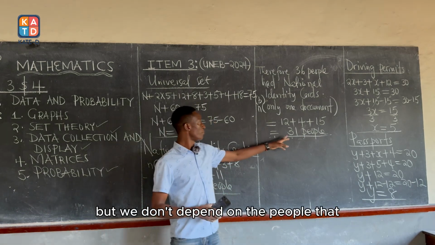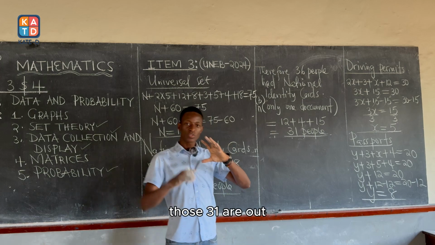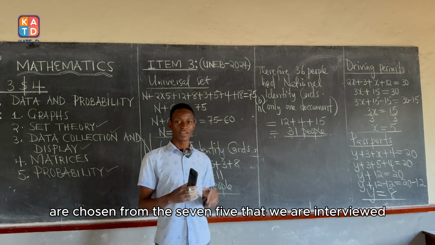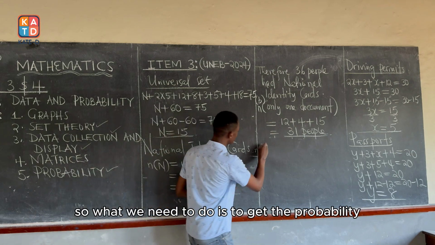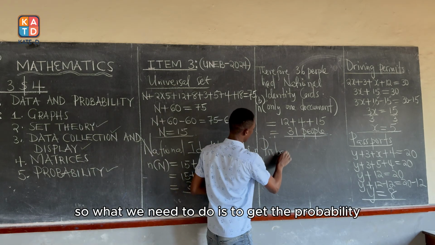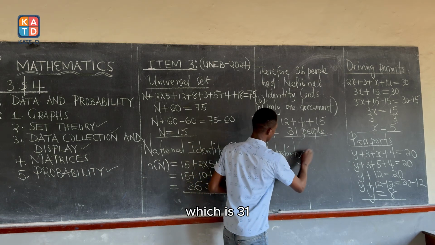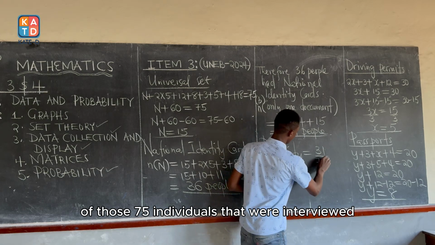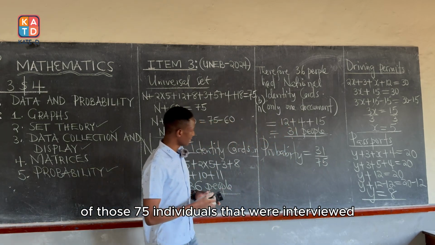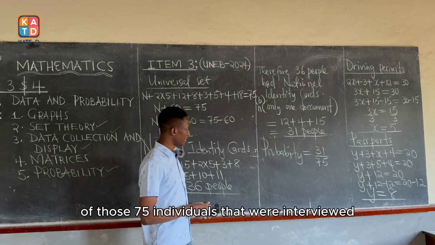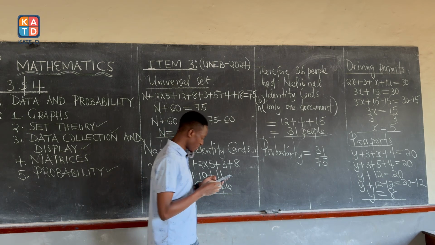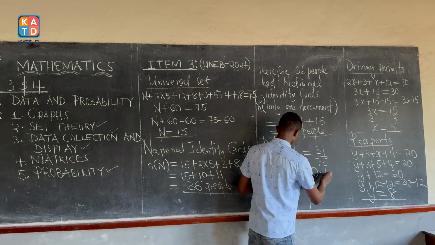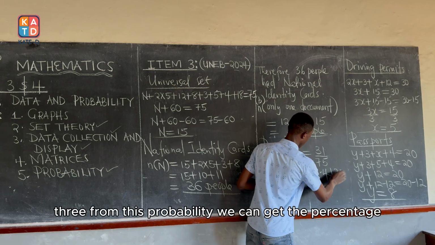But we don't depend on the people there, we depend on the probability. Those 31 are chosen from the 75 that were interviewed. So what we need to do is to get the probability, which is 31 of those 75 individuals that were interviewed. And from that, we shall realize that the probability is 0.4133.